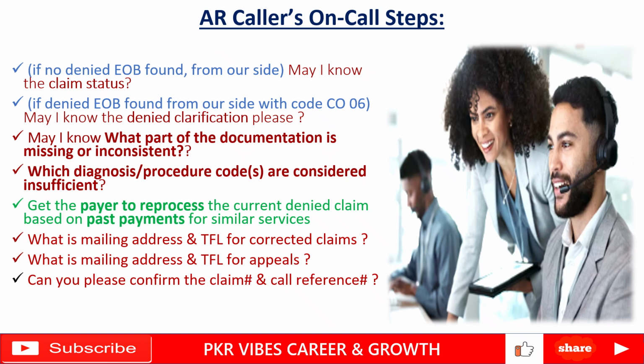With reference to that claim, whatever we got payments for, we can probe that information, and we should request to reprocess the claim over the phone call itself. So at the time, the insurance representative reviews that information from their end, and if it is genuine or if they agree, they will reprocess the claim over the phone call itself.